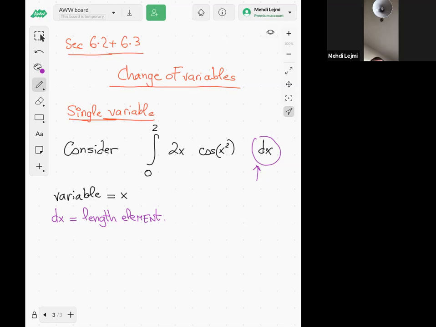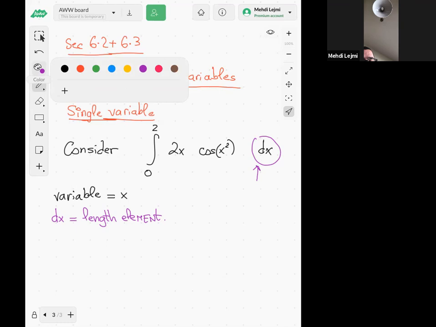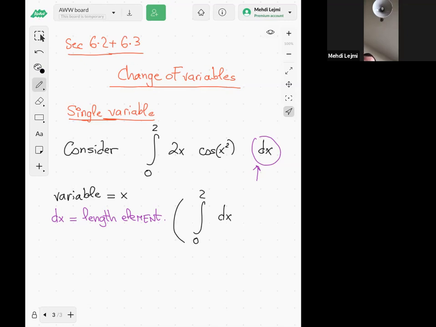In the definition of the integral of a single variable, we said that this dx represents the length element, because it allows you to compute the length of your interval. So when you do the integral from 0 to 2 of just dx, the answer would be equal to 2. That 2 is the length of your interval.